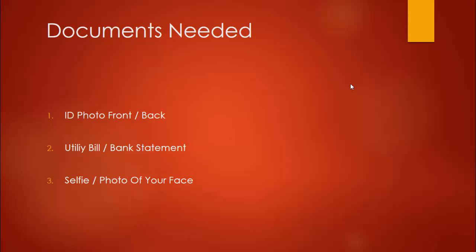Then they will require a utility bill or bank statement to confirm your address. And then they will require a selfie, or a photo of your face, to match the ID photo so that they can see you are that actual person. These are the general things.